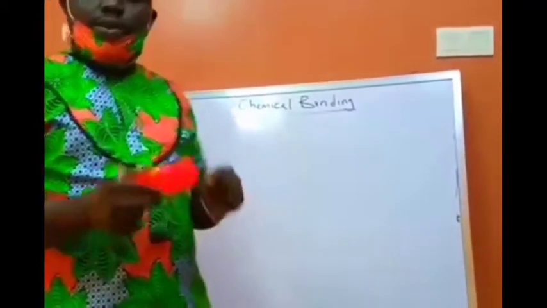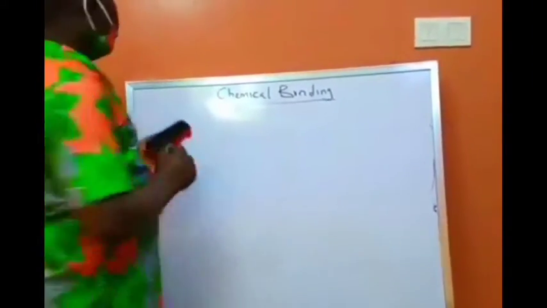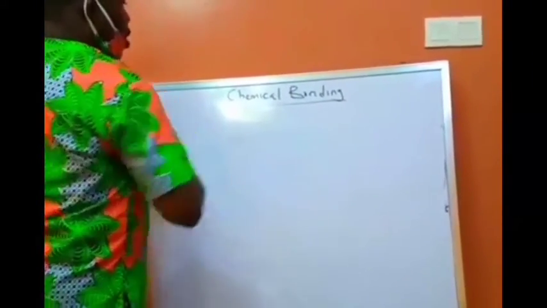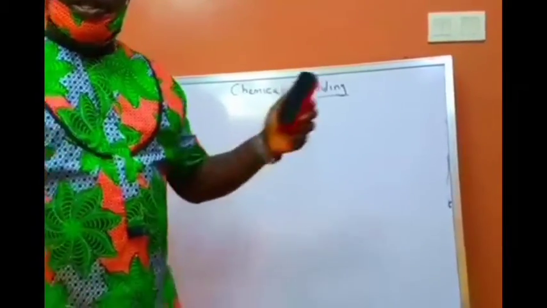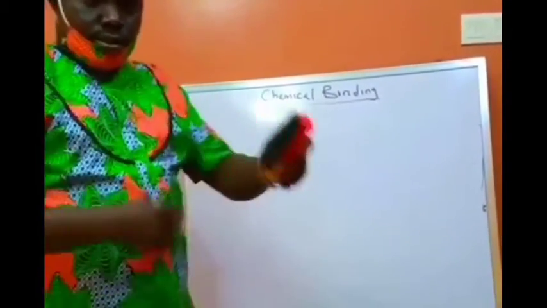Today, very quickly, I will just be spending a few minutes to talk on the topic above. That's chemical bonding. Chemical bonding actually talks about the interactive forces binding molecules together. Okay, the interactive forces.